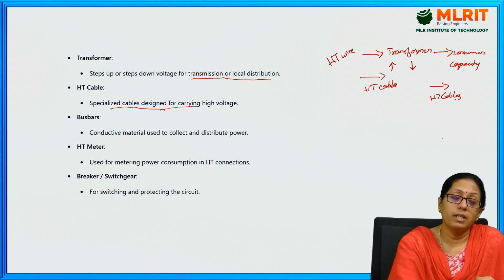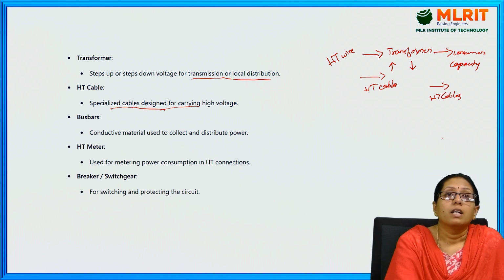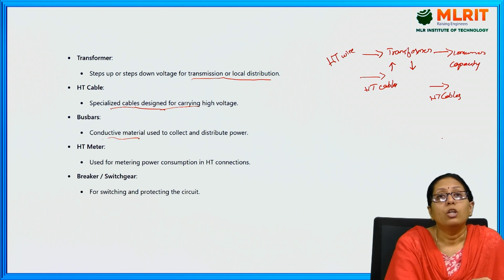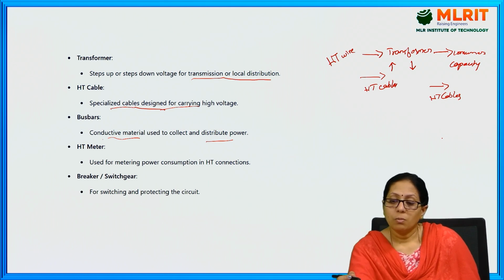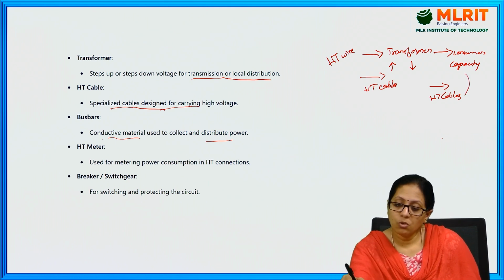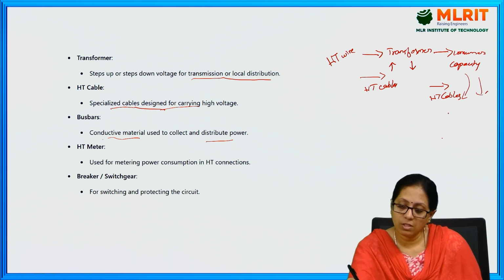The third one is bus bars. Bus bars are conductive material used to collect or distribute the power. That means from transformers to the consumers, and from consumers to different circuits.